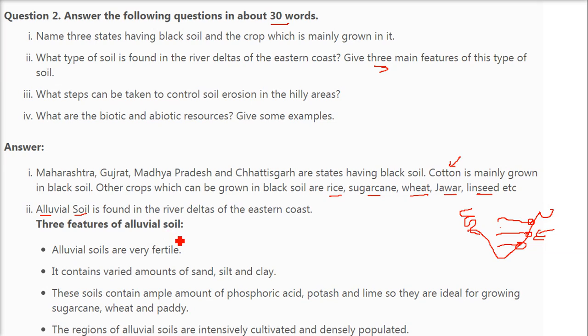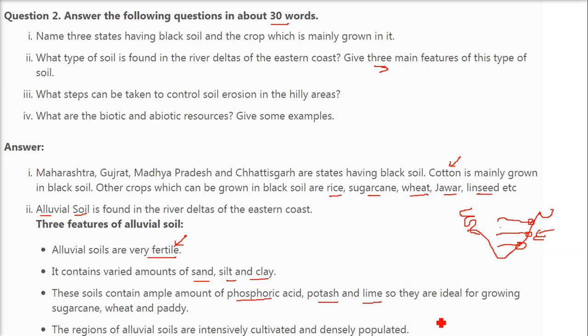And what are the main features of alluvial soil? First of all, they are fertile because they are brought by the river and deposited by the river. They are fertile and they contain varied proportions of sand, silt and clay. These soils contain ample amounts of phosphoric acid, potash and lime.